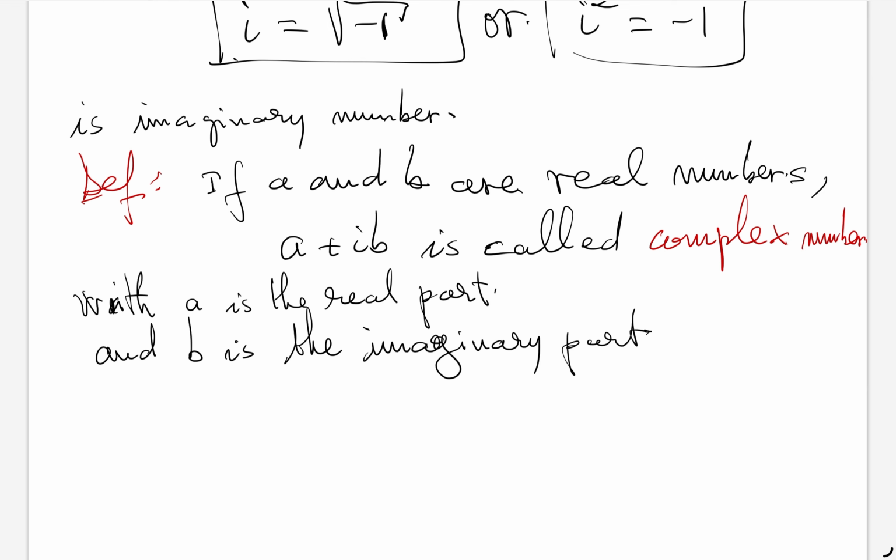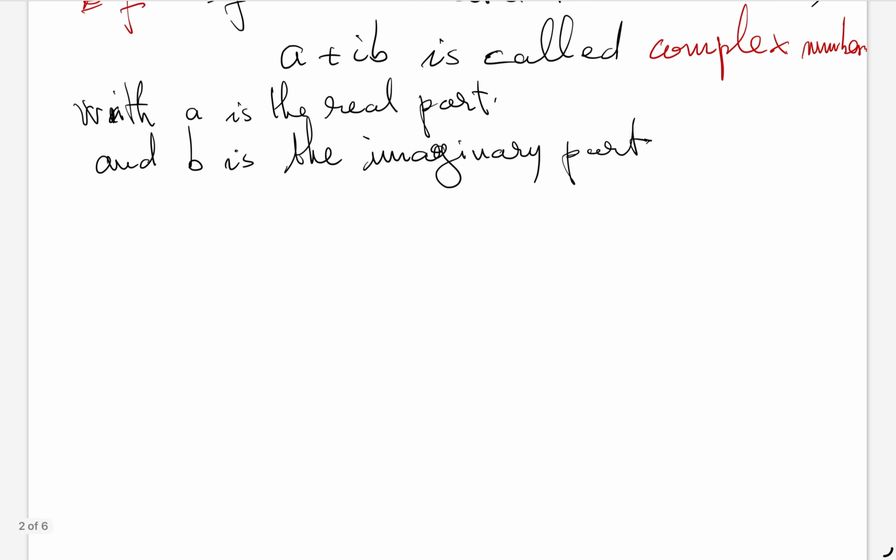If you have a plus ib, the a is the real part and the b is the imaginary part. You have to remember those. Okay, let's keep going to the next. So now the next, let me give you a couple of examples. So you can have 3 plus i, for example, okay? And you can see here if you have 3 plus i, let me summarize something first.